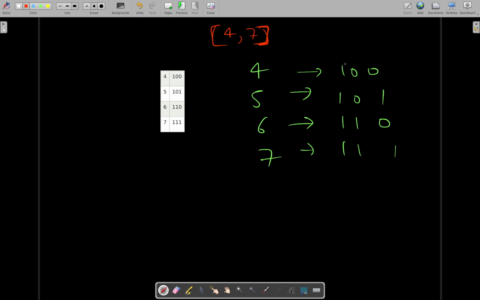If a particular bit is set in 4, which is the leftmost bit, and it is also set in 7, then all the numbers in between will have that leftmost bit set. This is the observation which you can make.